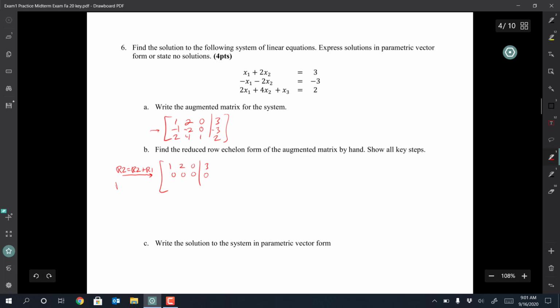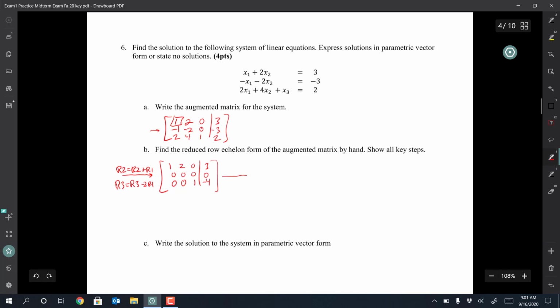I'm going to do another row operation. I'm going to modify row 3. Row 3 will be row 3 minus 2 times row 1. So I'm using this top pivot to get zeros below it. When I take row 3 minus 2 times row 1, I'm going to get 0, 0, then 1 minus 2 times 0, which is 1, and 2 minus 2 times 3, which is 6. I'll get negative 4 here.